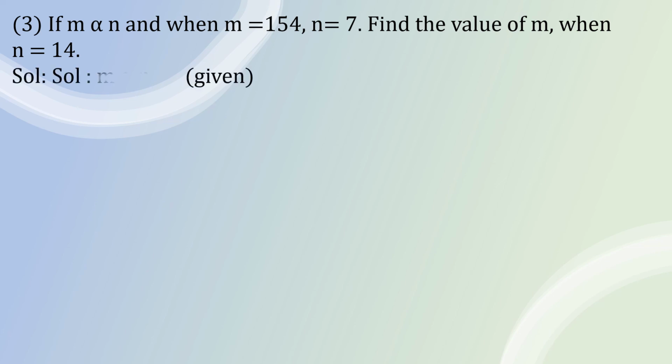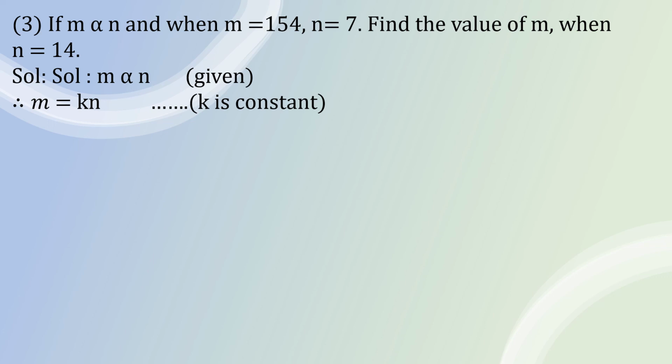So then only we can solve our further findings. Now solution: m varies as n, that is given. In equation form, it will become m equals k into n, where k is the constant.